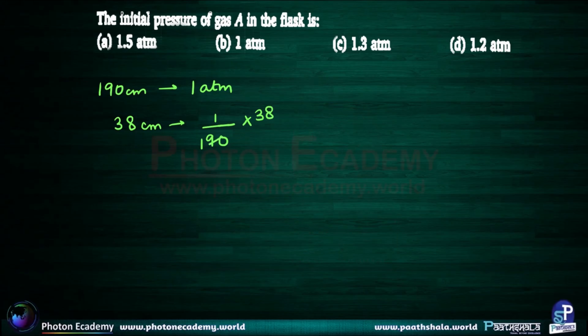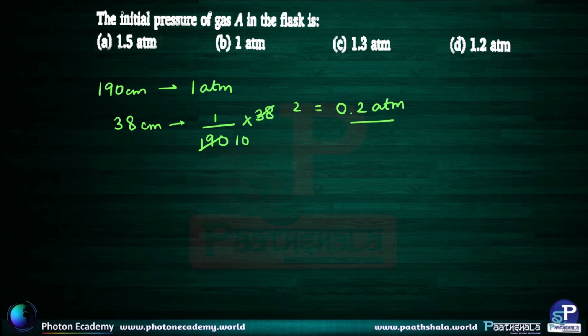This gets cancelled by 19, giving a 2, and this gives us 0.2 atm. So the pressure by the liquid column is 0.2 atm, and that exerted by the air above is 1 atm. So the total pressure comes out to be 1.2 atm, right? And our answer becomes option D.